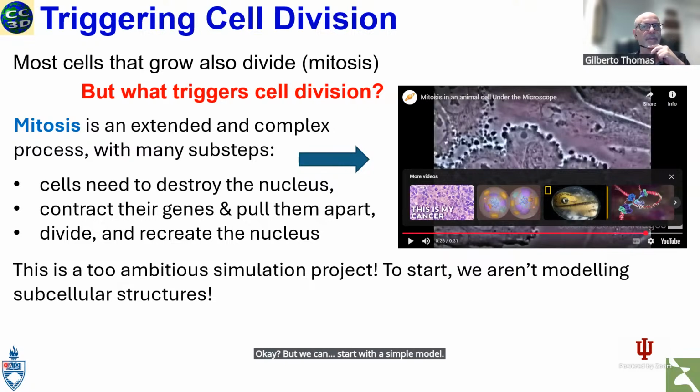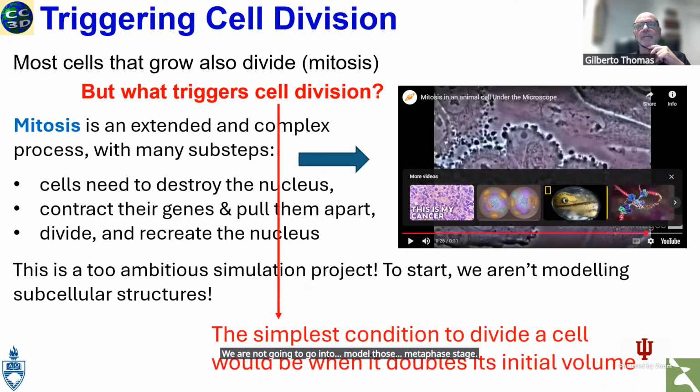We are not going to model those metaphase stages. Instead, the simple model that we're going to implement says that when the cell grows and reaches double the initial size, it divides. It's a simple condition.